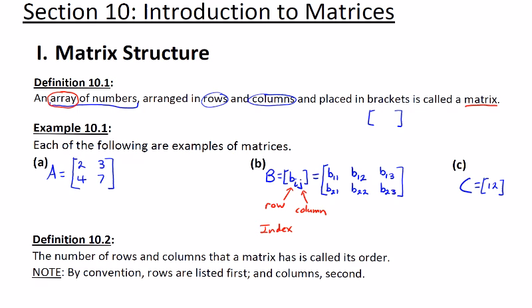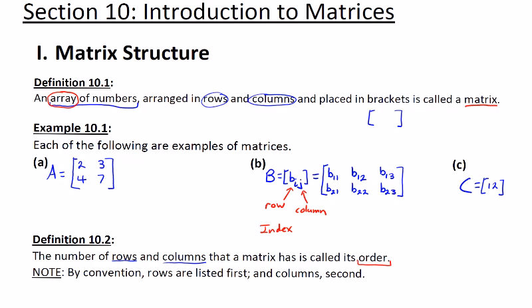The last part that we're going to look at here is definition 10.2. And definition 10.2 is going to describe something called order. It says the number of rows and columns that a matrix has is called its order.